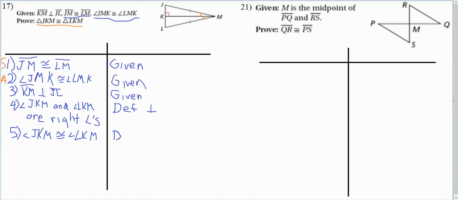And that is a definition. Well, it's not definition of right angle. Shame on me. Should not write that. Instead, we should just write that right angles are congruent.